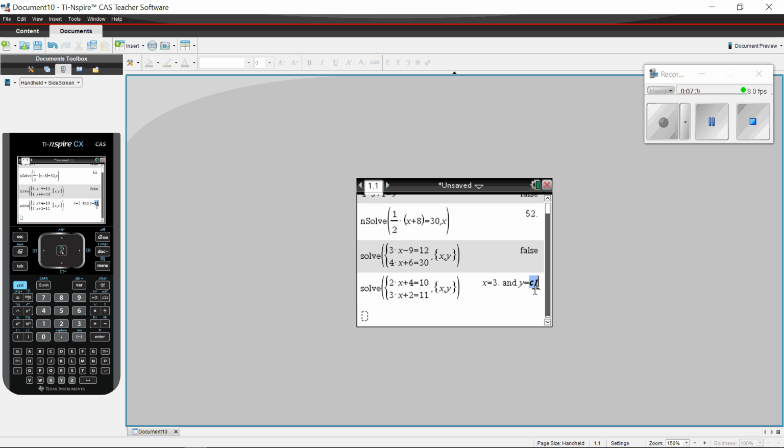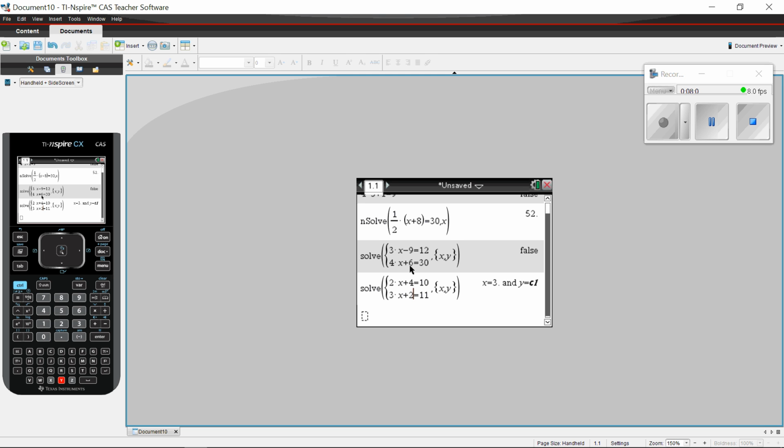The y is just, oh, that's because I forgot to put a y in. That's my fault. But you do have to put an x and you do have to put a y. But that is how you would solve systems of equations, okay? So my apologies there. I did forget to put in, should have been 4y and 2y. And it would have given you your y value for the equation.